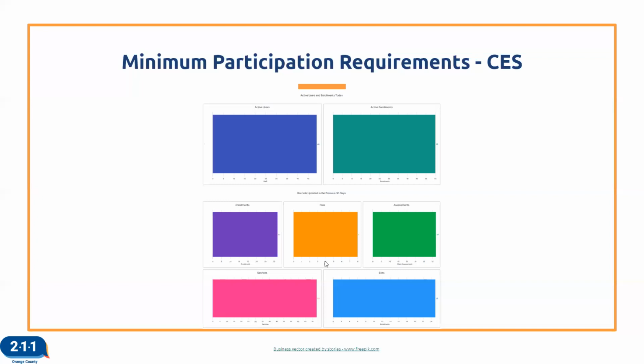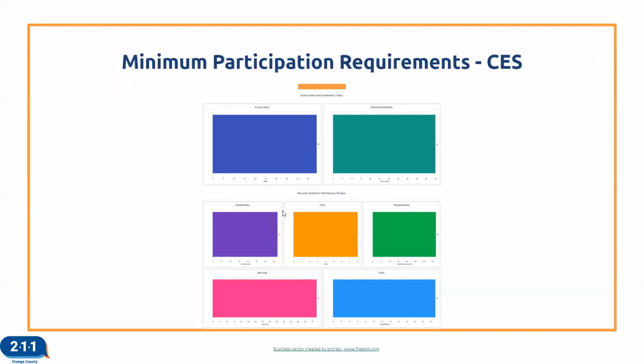We'll be providing knowledge-based articles or other information on where you can go to complete those entries or enrollments, or complete training for users if you don't have any active users. So this is to help the agencies meet these requirements.